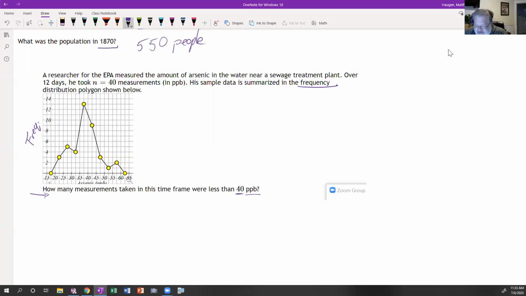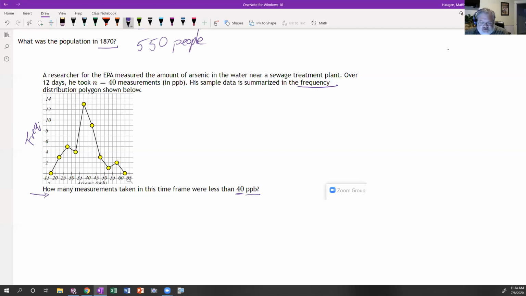Yeah. It is parts per billion, though, in case you're curious. The concentration of arsenic in water, there's 40 parts or 40 amount of arsenic for every billion parts of water. So 40 parts per billion is a really small concentration.